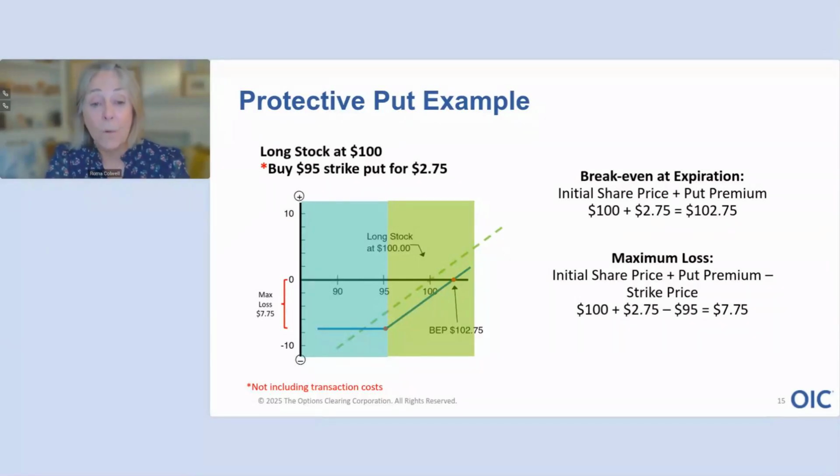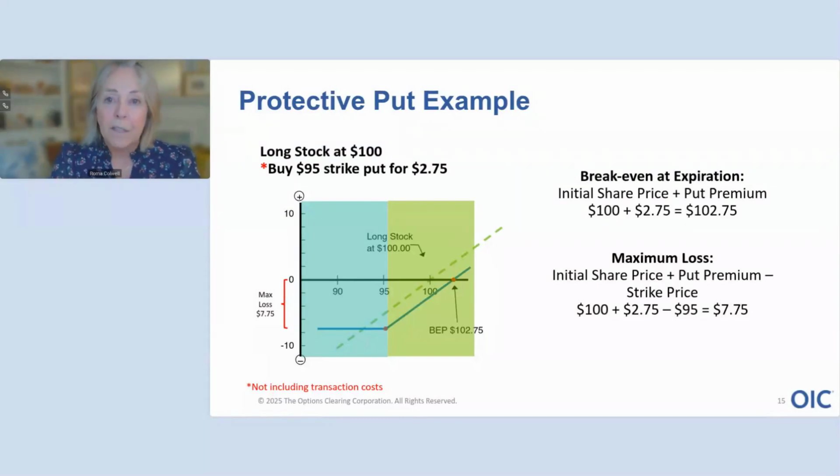The other thing that I want to note, maybe some of you have already noticed this, is what this graph replicates. For those of you that have looked at what a long call looks like, it's the same graph. And this is called a synthetic call, essentially. Long stock and long the put is what is known as the synthetic call.